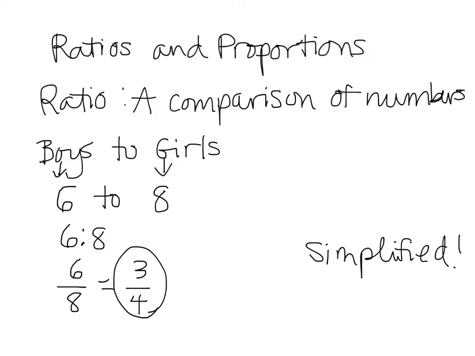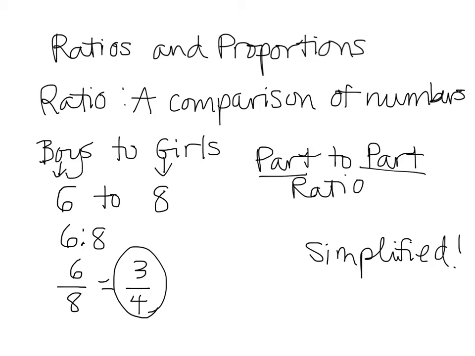Notice also that neither the boys nor the girls is the whole class. So this is considered a part-to-part ratio, because neither one is the whole class.